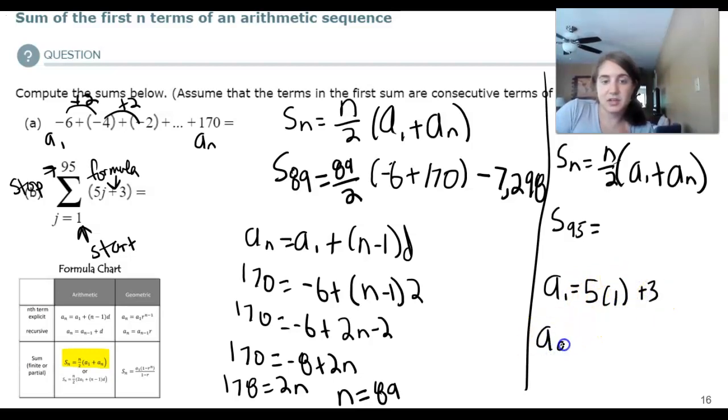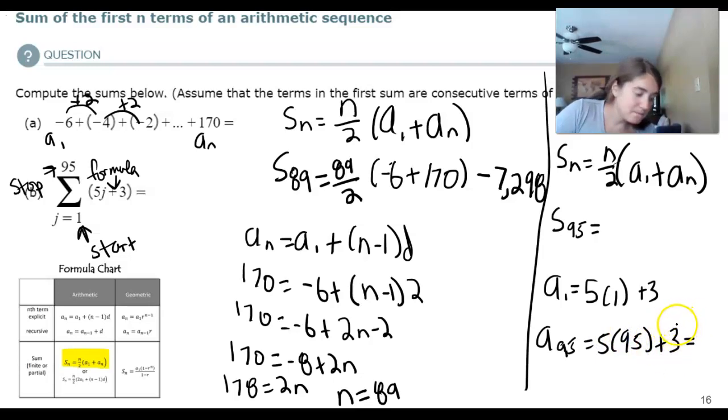And I need to figure out the 95th term. My first term is 8.